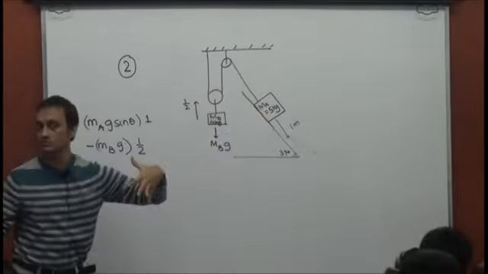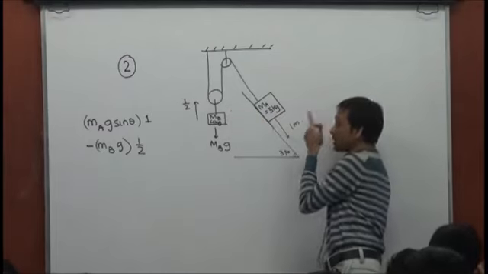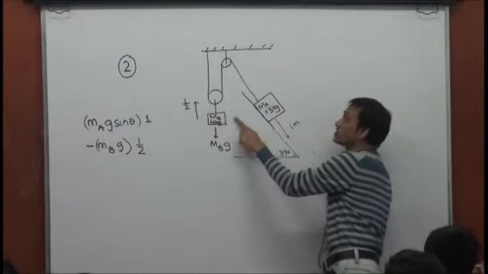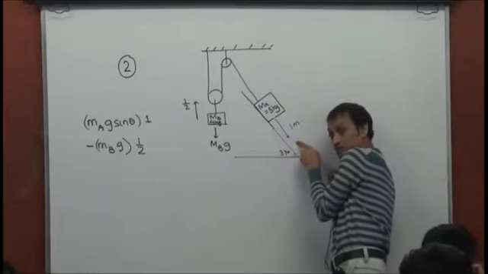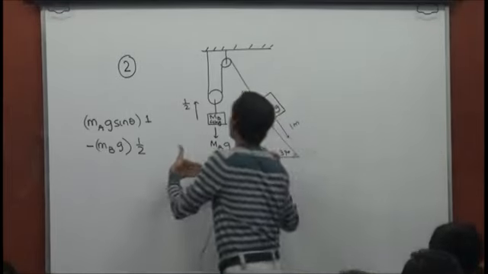Do you realize that? And from a work energy perspective, this must be equal to the change in kinetic energy of the system. Realize that in a given time, while this travels 1 meter, this moves up by half a meter. That means the ratio of their velocities, if the velocity of this is v, then the velocity of this is 2v, isn't it?